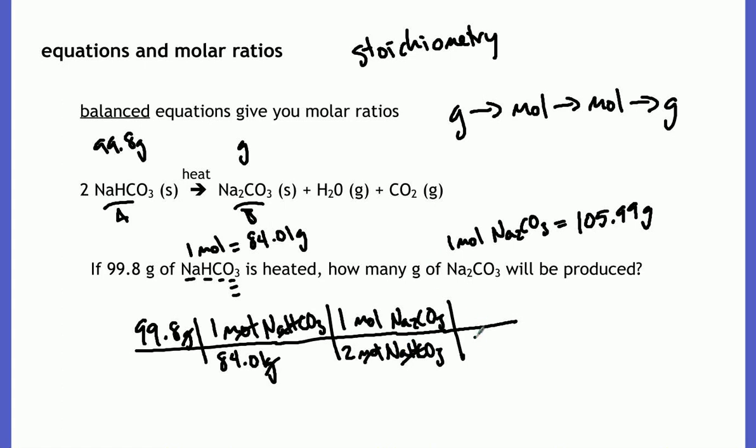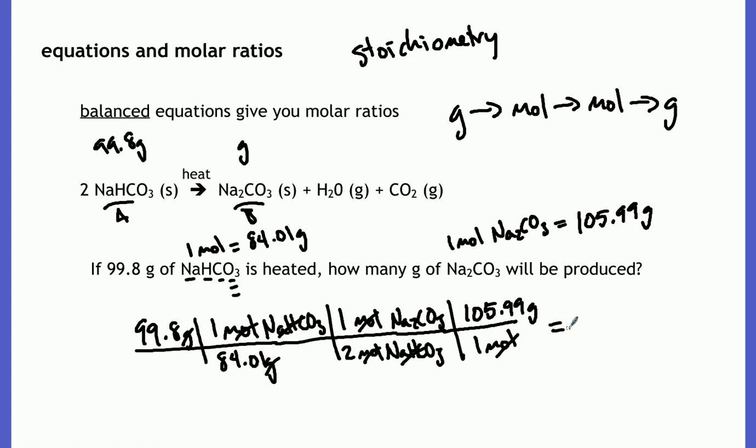So I need to put the 1 mole on the bottom because that gets rid of my mole label in my work, and put the 105.99 grams on the top. So now I should be able to multiply and divide in my work and come up with an appropriate answer. Everything's where it needs to be, all the labels canceled out appropriately. All I have to do is multiply and divide.